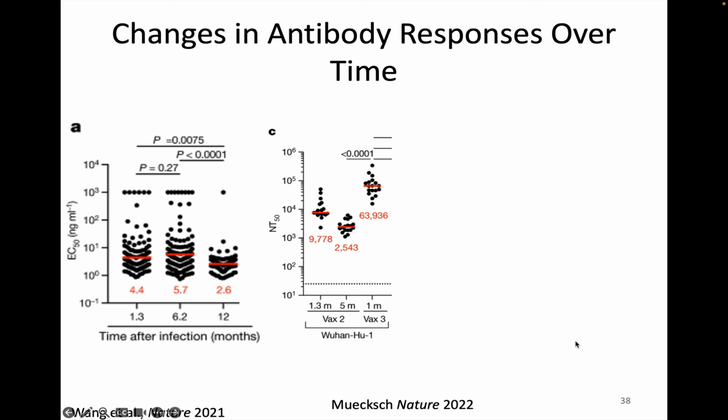So when everyone got their original SARS-CoV-2 vaccine, that vaccine was against the original sequence before there were mutations, before there were variants. It's known as Wuhan Hu1. And so you can see the antibody levels in people who were vaccinated with a vaccine that was made against Wuhan Hu1 after 2 doses over time, but then after that third dose.